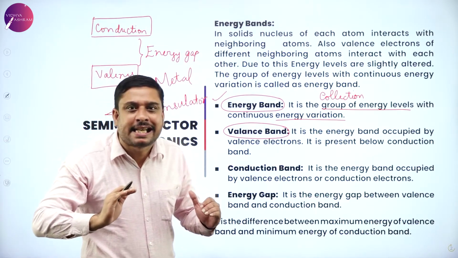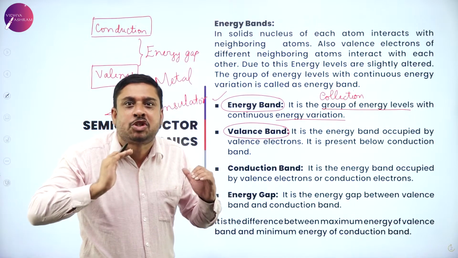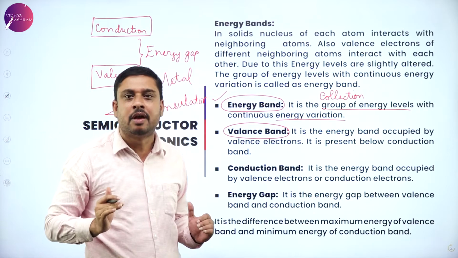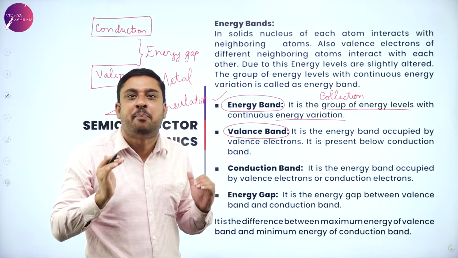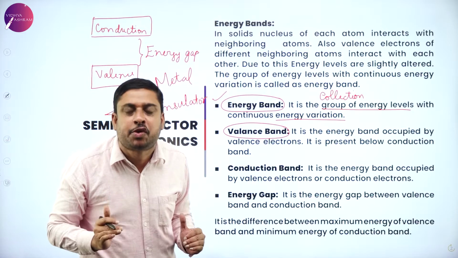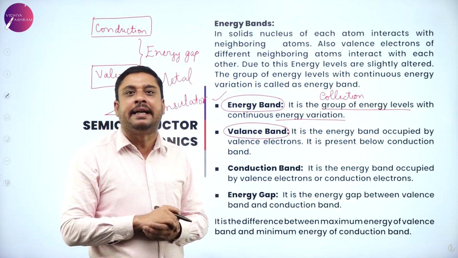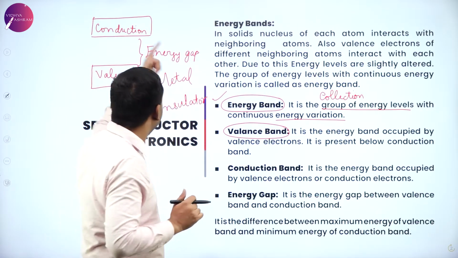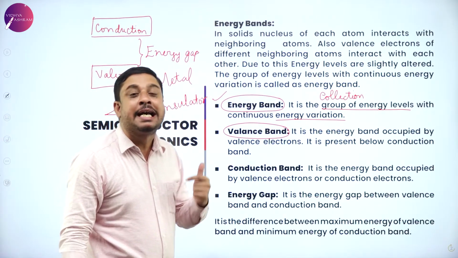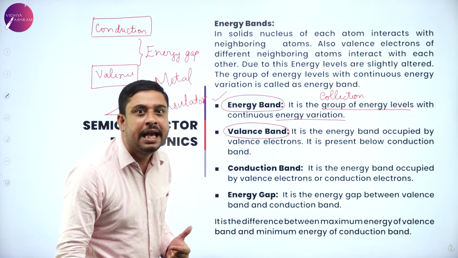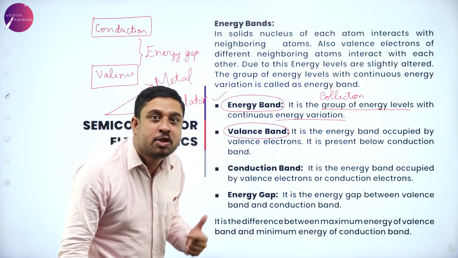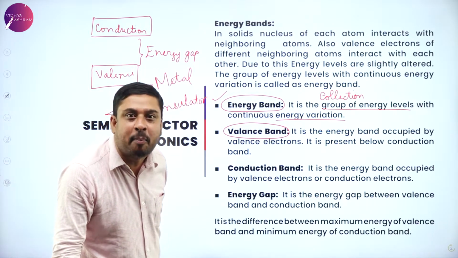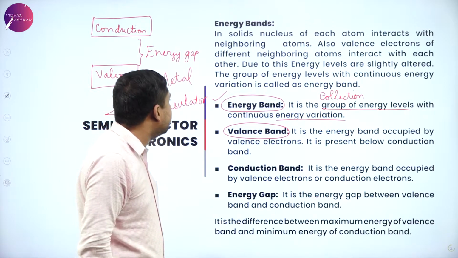So you have the valence band, you have something called conduction band, and in between the valence band and the conduction band, you have the energy gap.